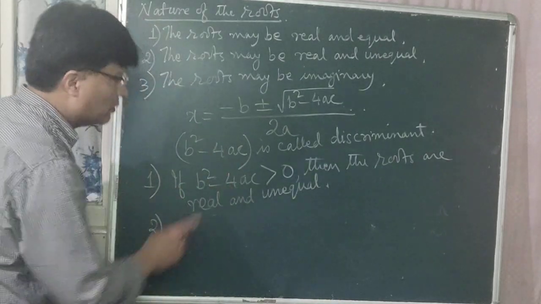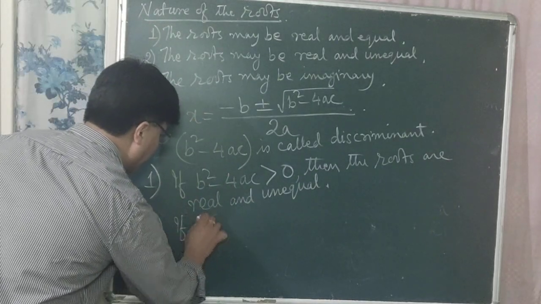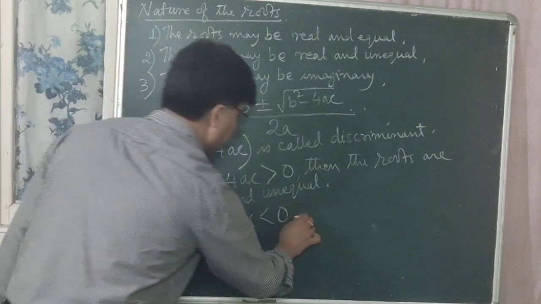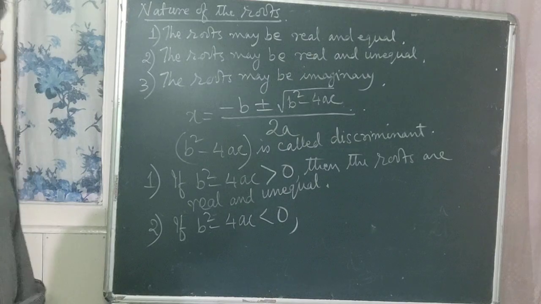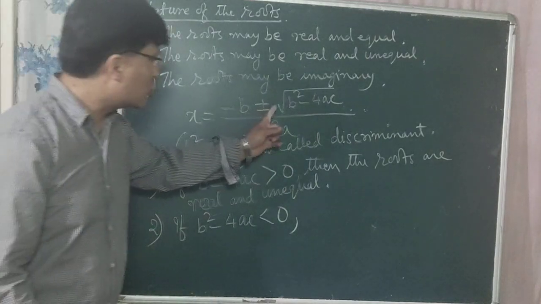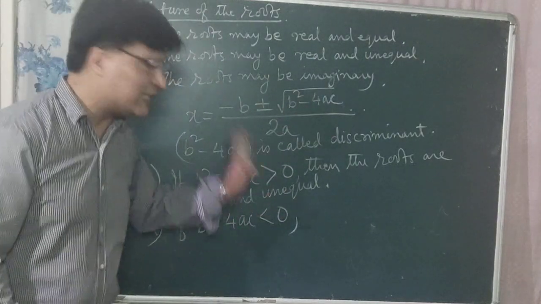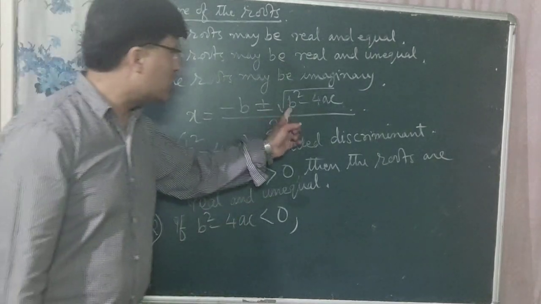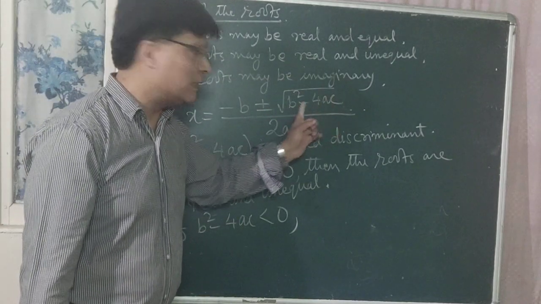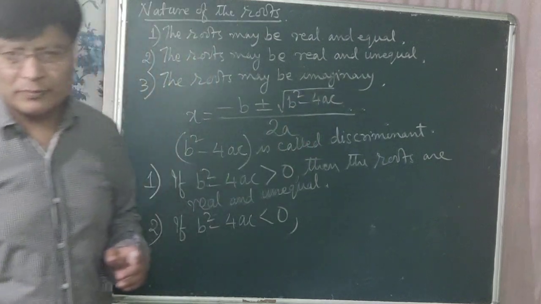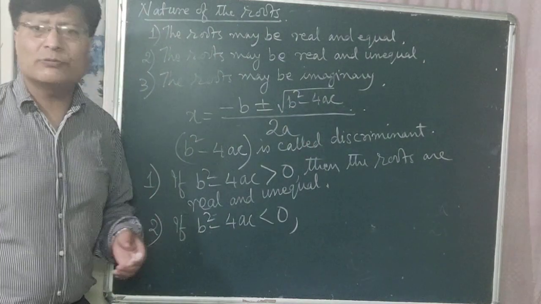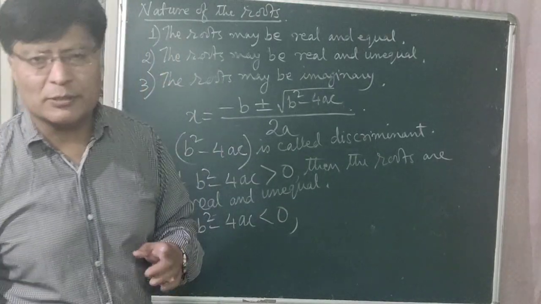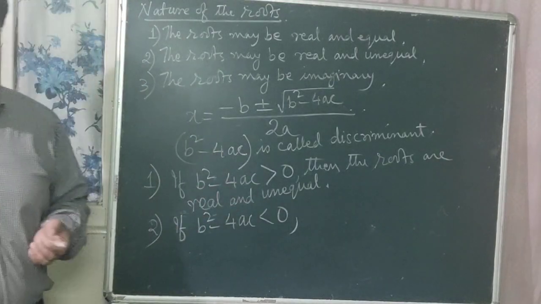If b square minus 4ac is less than 0, then what is the nature of the roots? If the number within the square root is negative, that is, less than 0, then this is the square root of a negative number. Previously I already told you in the example that if there is a negative number inside the square root, it is an imaginary number.